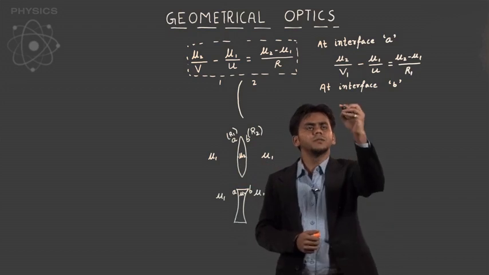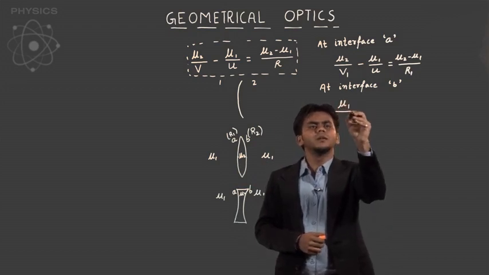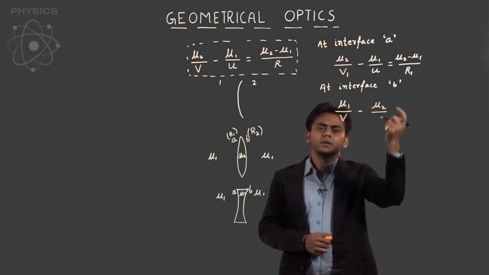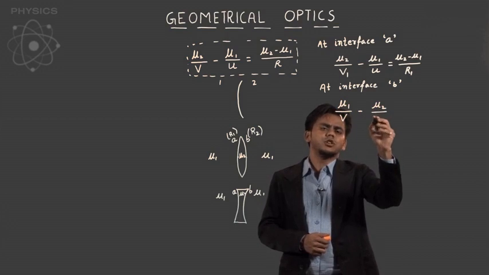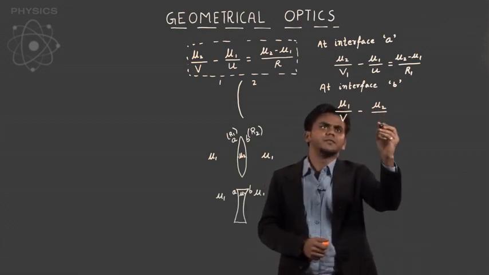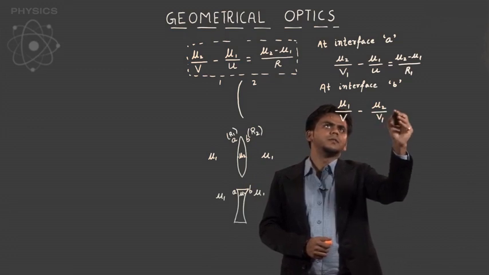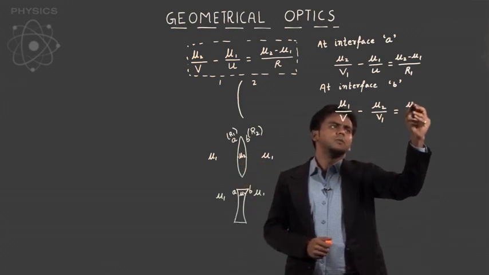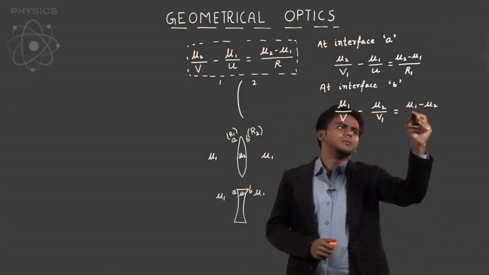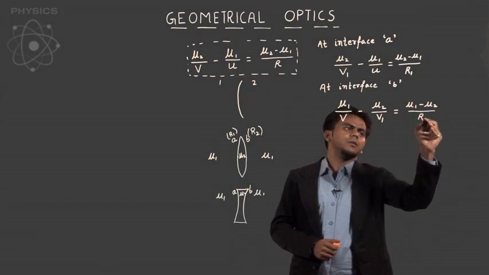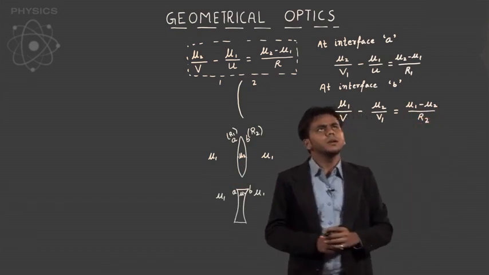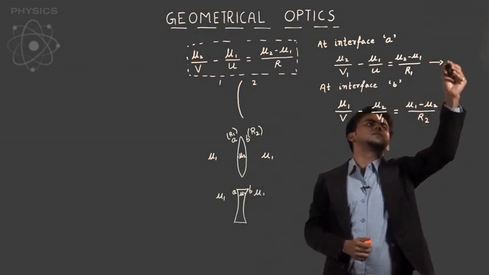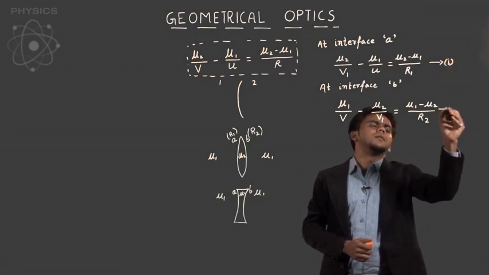So I'll have to use mu1 upon final image location minus mu2 upon my intermediate image, or rather the object for the second interface B, that is V1. This is equal to this minus this in terms of refractive indices. So mu1 minus mu2 upon R2.